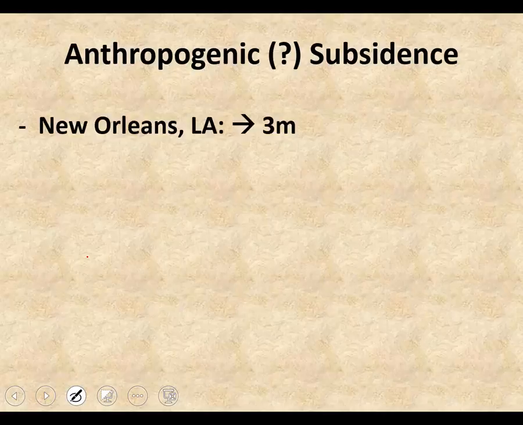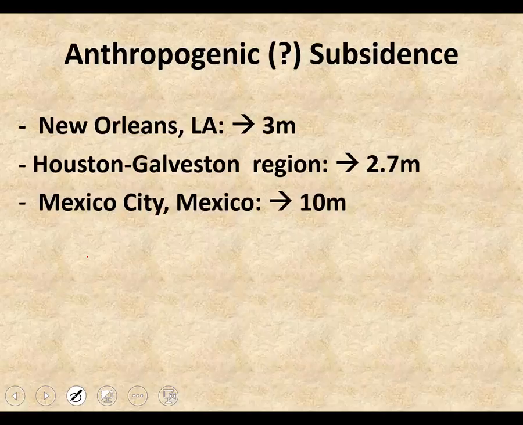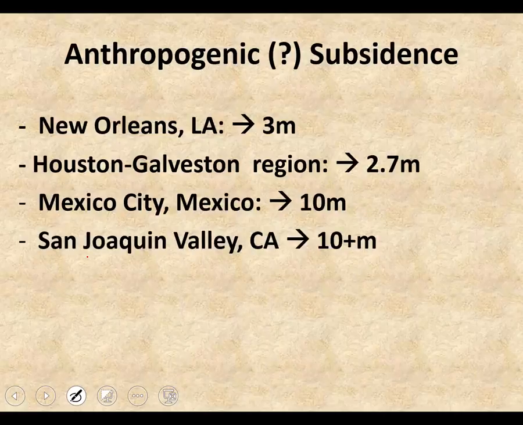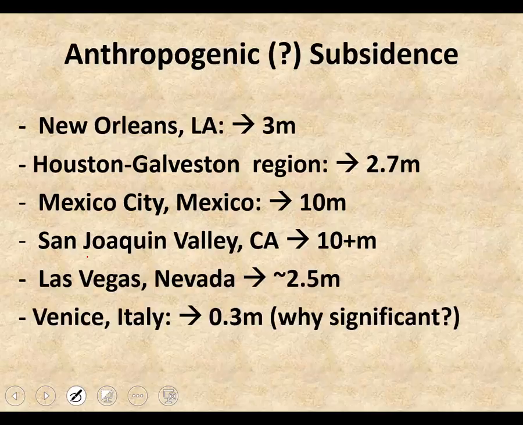Okay. If we look at areas where human-induced subsidence has been major: New Orleans, Houston, Galveston, Mexico City, San Joaquin Valley, California, Las Vegas, Venice. Okay, so we're going to look at these as case studies to see what is causing the subsidence in these areas.